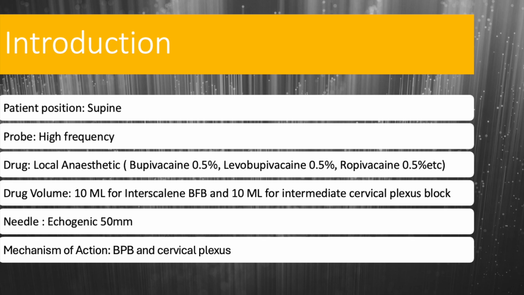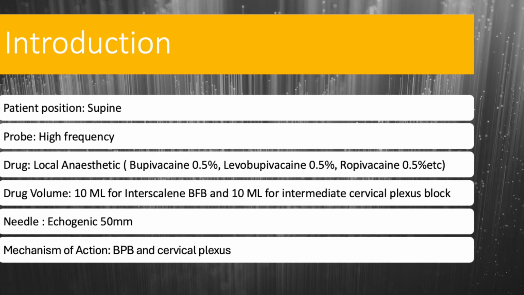For these blocks, patients should be placed in a supine position and we use the high frequency linear probe. For the local anesthetic, we commonly use bupivacaine, levobupivacaine and ropivacaine. In the interscalene block, we use 10 ml, and for the intermediate cervical plexus, we use 10 ml.